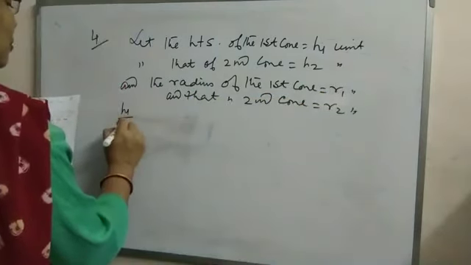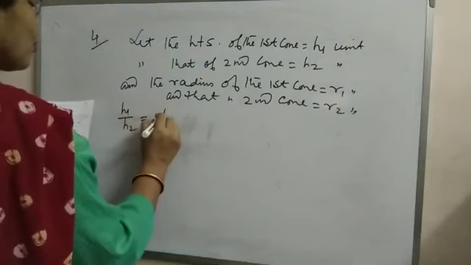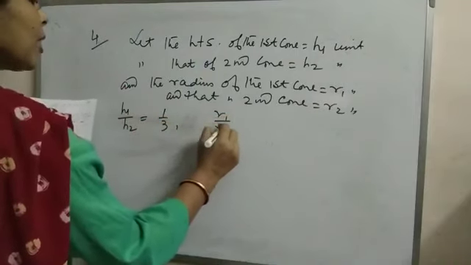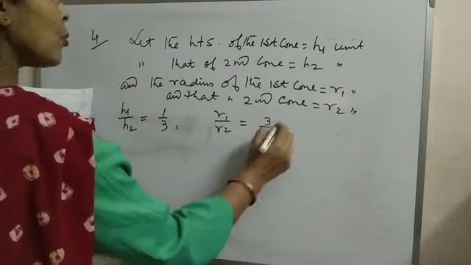Here h1 by h2 equal to 1/3 and r1 by r2 equal to 3/1.